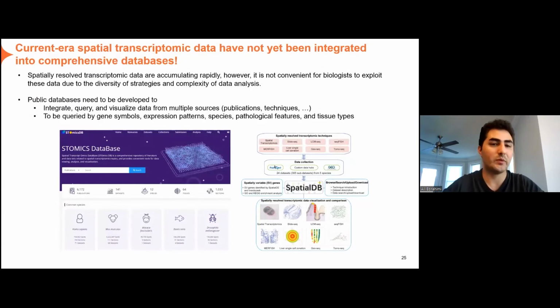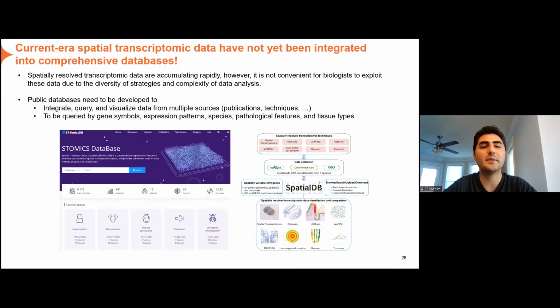Last point I wanted to bring out: we do miss having public databases that are essential to centralize all these data sets that are being generated. Unlike what we have in microarray or bulk RNA-seq, where now there are good public data sets that you can visualize gene expression and be interactive with the database.